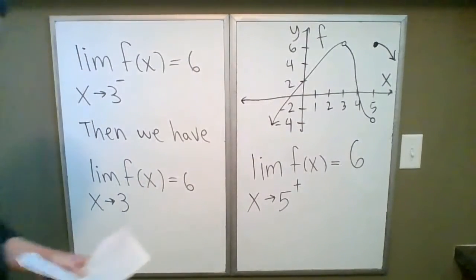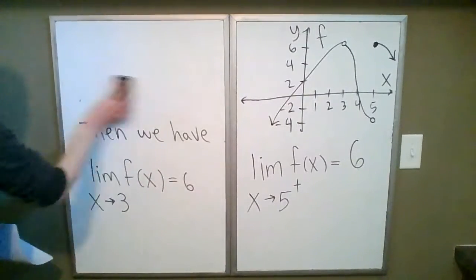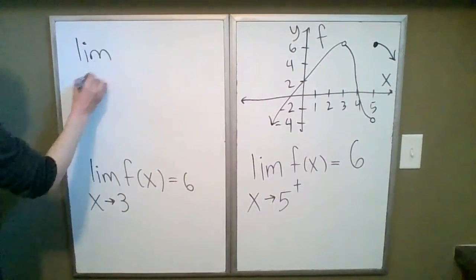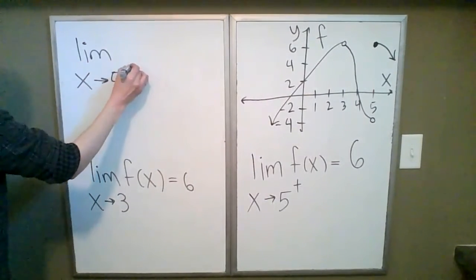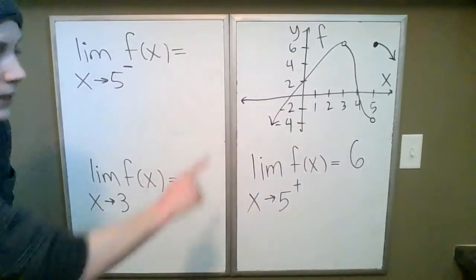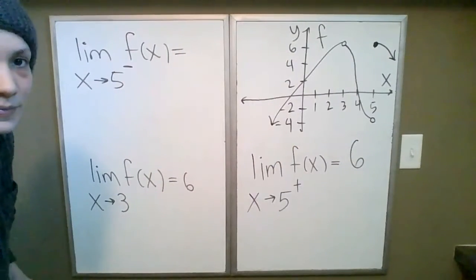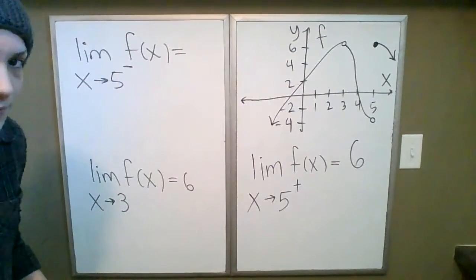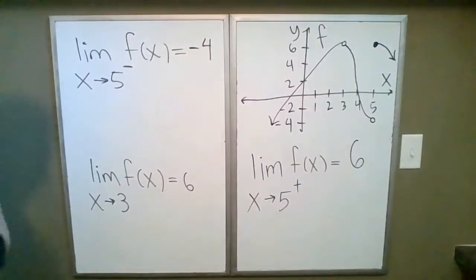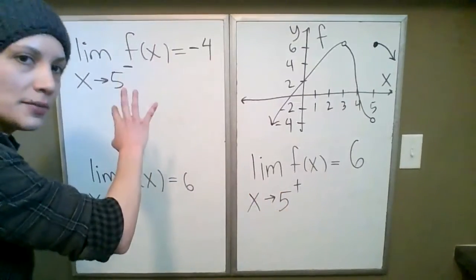Okay, and then from the left, as x goes to 5. And what do you think it is? -4. Negative 4. So this limit from the right exists, and this limit on the left side exists.